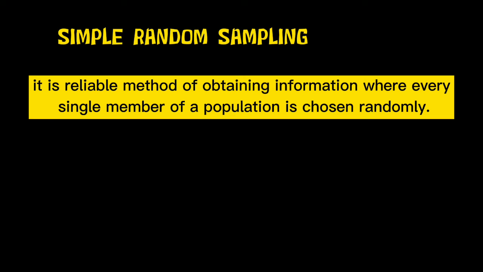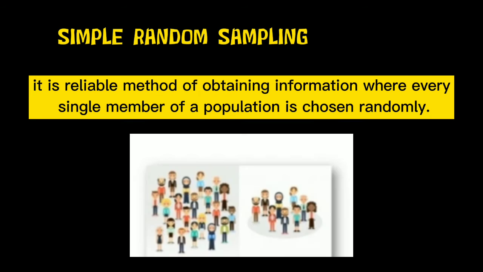Simple random sampling is a reliable method of obtaining information where every single member of the population is chosen randomly, which means every member of the study has an equal chance of being selected. Sa paggamit ng sampling technique na ito, para lamang tayong nagdo-draw lot sa pagpili ng sample kaya napakadali. Because of this manner of selection, this is the most frequently used type of probability sampling technique.